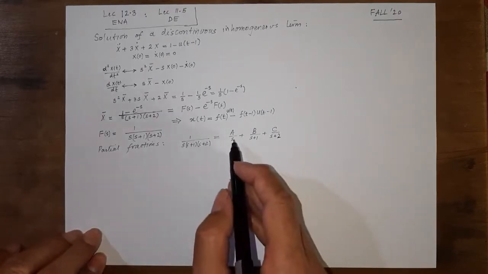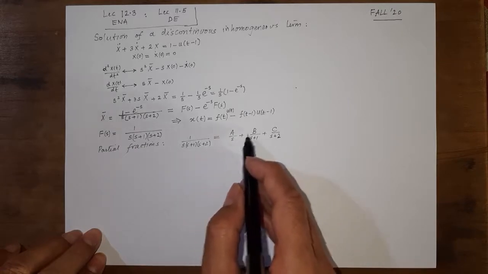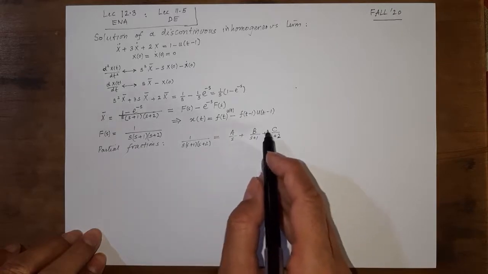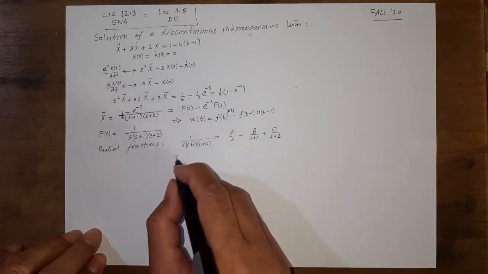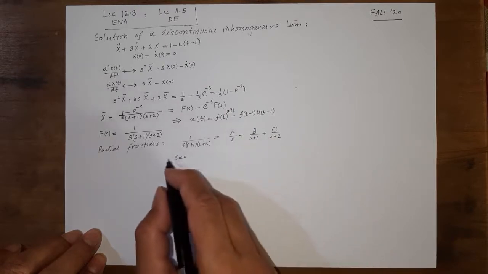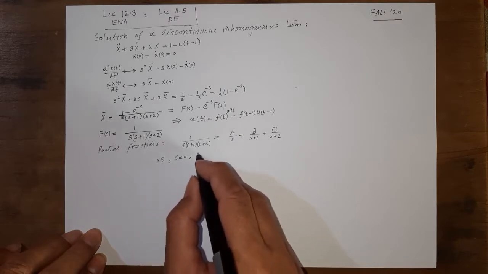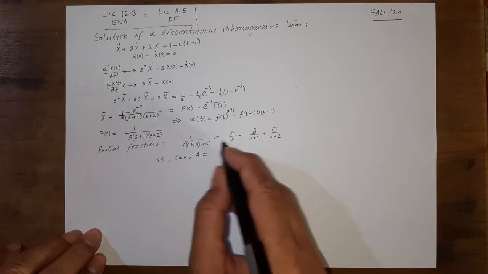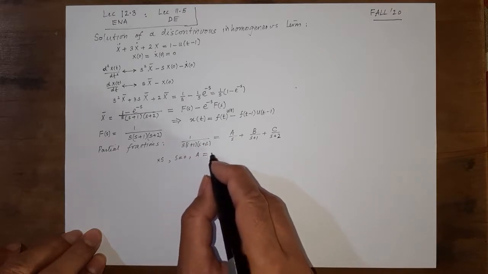Now you can see that if you multiply throughout by s, this cancels here, and these are going to get s in the numerator. Now if we put s equal to 0, we get A is equal to 1 over 2.